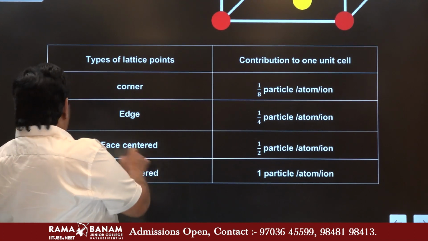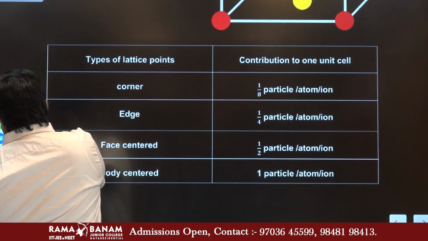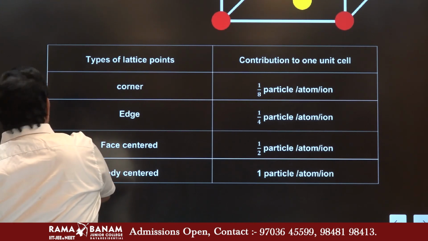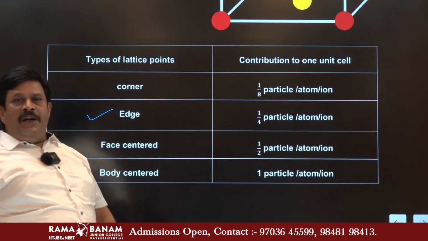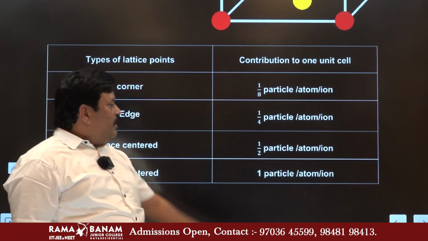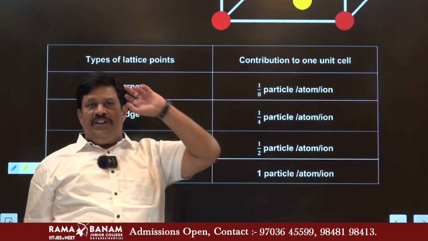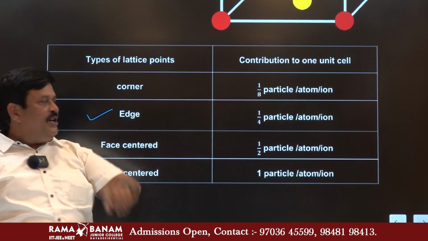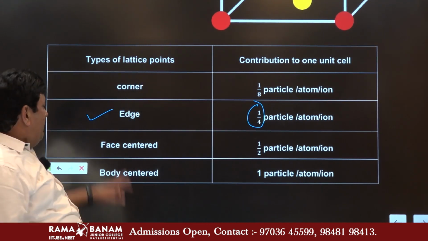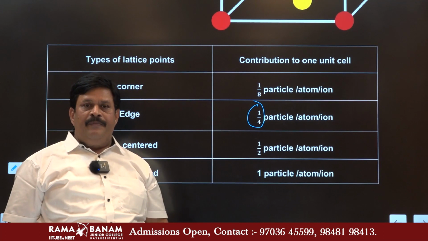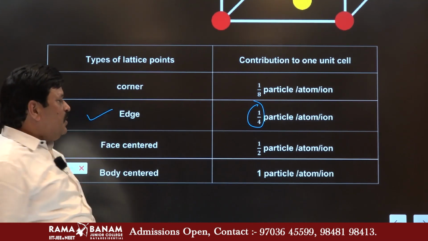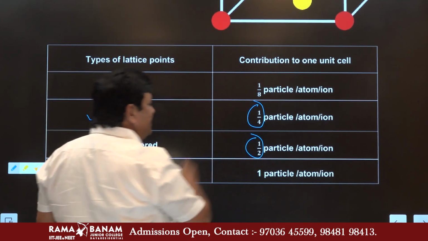Similarly, the particle which is at edge center is shared by a total of 4 unit cells. So, the contribution of a particle which is at edge center for one unit cell is 1 by 4. The particle which is at face center is totally shared by 2 unit cells. So, its contribution for one unit cell is 1 by 2.